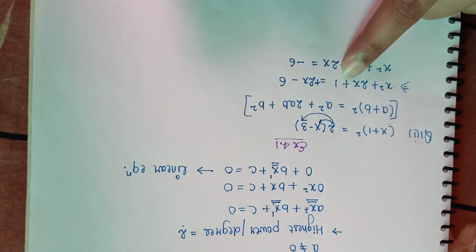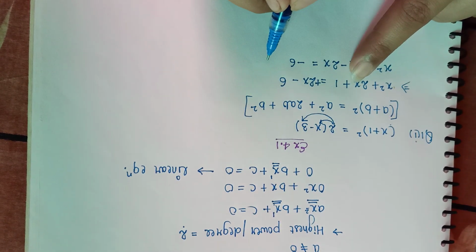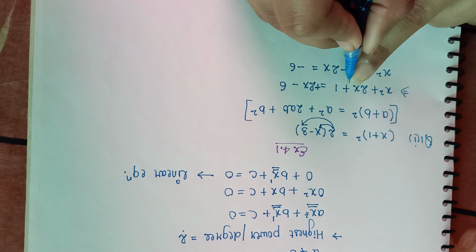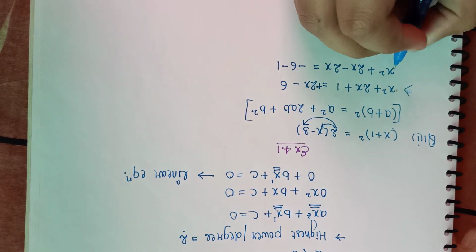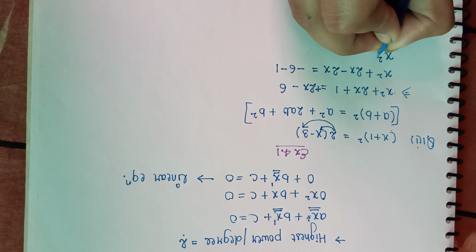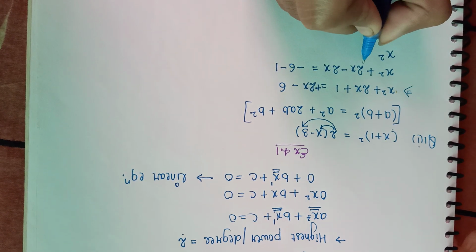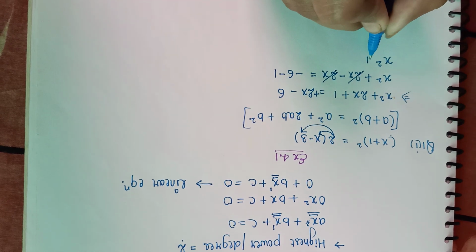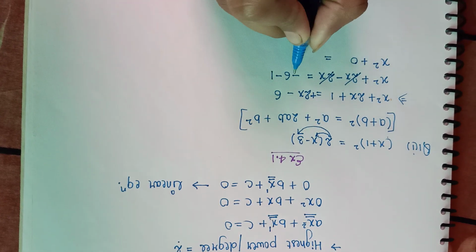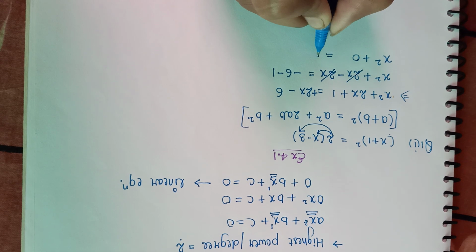Now we are shifting that plus 1 towards the right hand side, and it converts into minus 1. So x square, here plus 2x minus 2x cancel with each other and make 0. Minus 6 plus 1 makes minus 7.